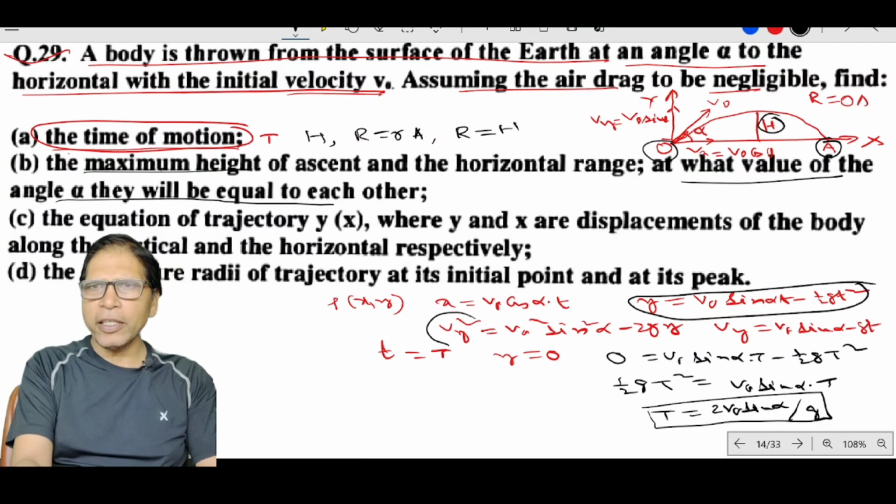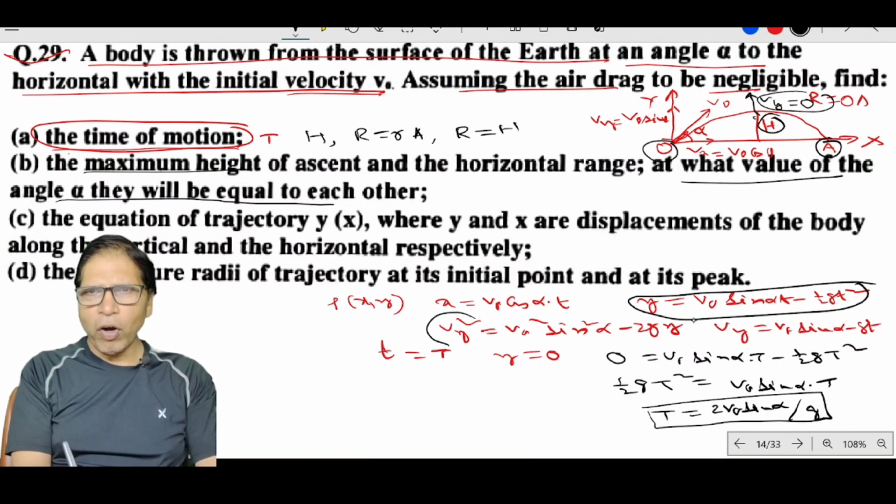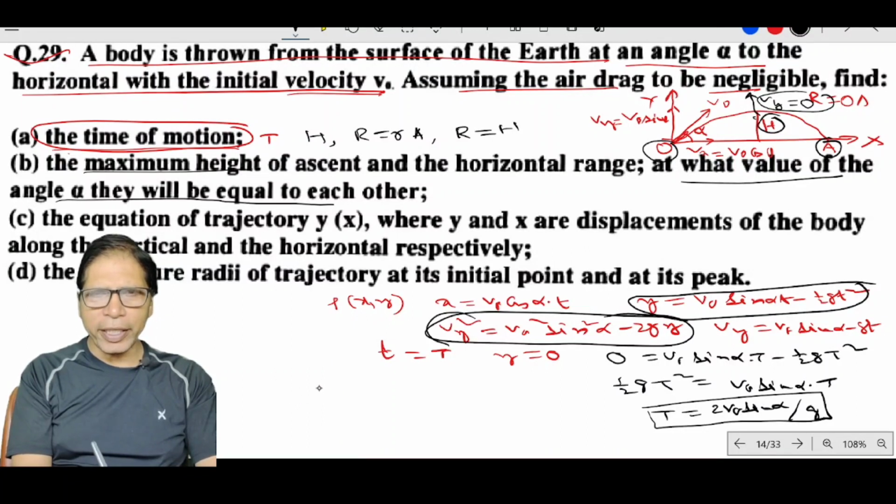Okay, look at this. At the top point of the journey, the vertical component of velocity vy is equal to 0. No problem. When vy equals 0, the particle reaches the maximum height. Using this formula, when vy equals 0, y equals maximum height.